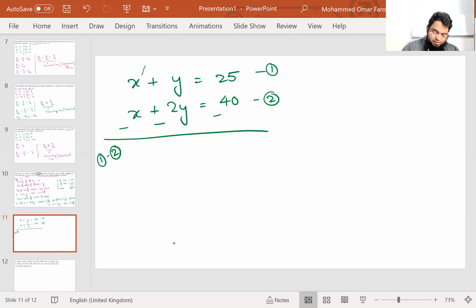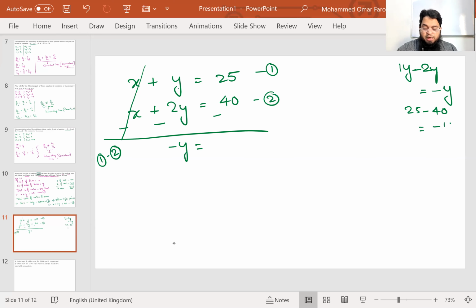It becomes 0. Now y minus 2y. If you don't understand, you can use rough work. 1y minus 2y is minus y. So minus y equals 25 minus 40. Everybody knows it is minus 15. Multiply with minus 1 on both sides, it becomes y is equal to 15.